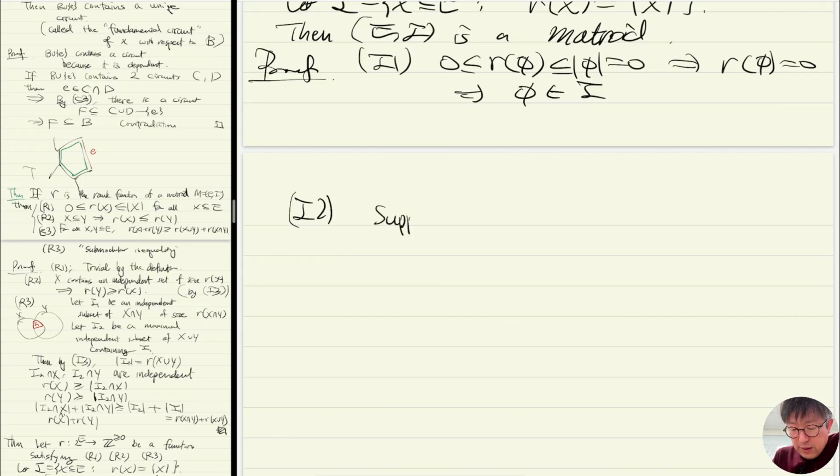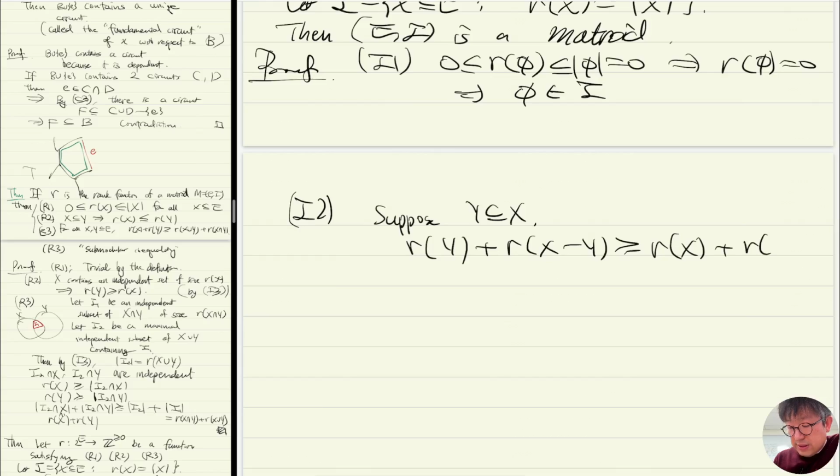Suppose Y is a subset of X, then rank of Y plus rank of X minus Y is, by the submodular inequality, this is a union and intersection, and I know this is 0. So rank of Y plus rank of X minus Y is at least rank of X.